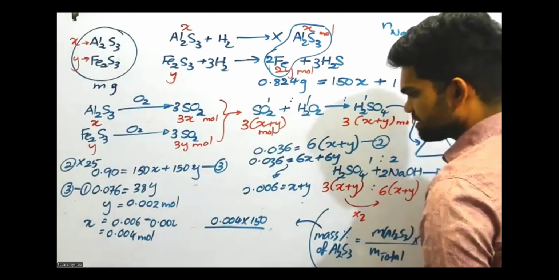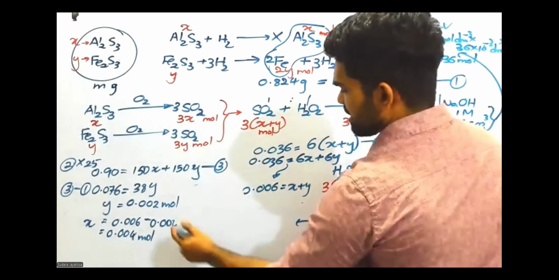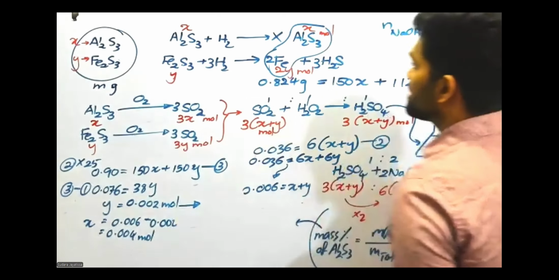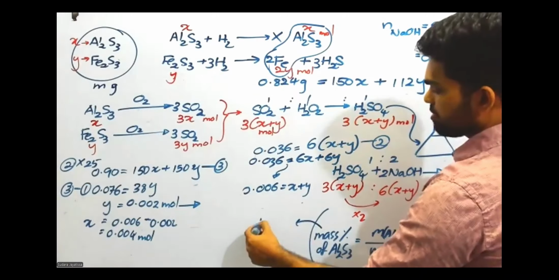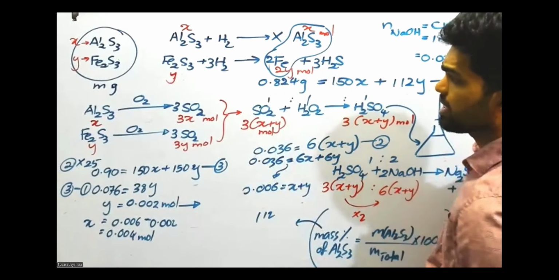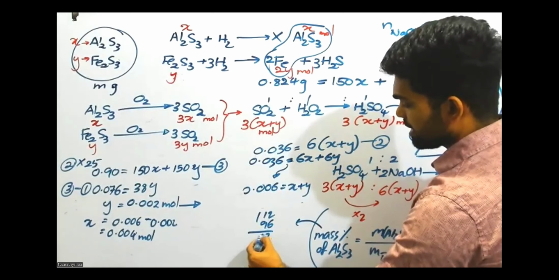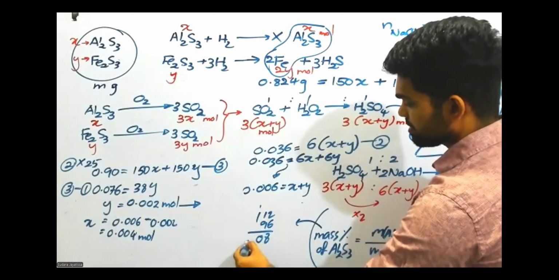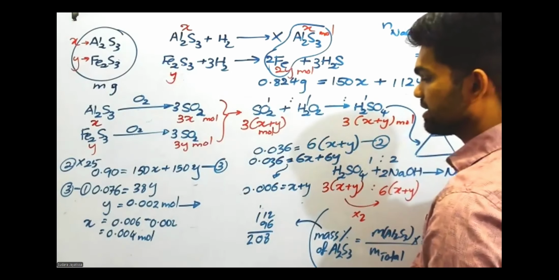And I need the other mass also. So what is the molar mass of Fe2S3? 56 into 2, 112. Sulfur 3 times 32, 96. 112 plus 96, 208.